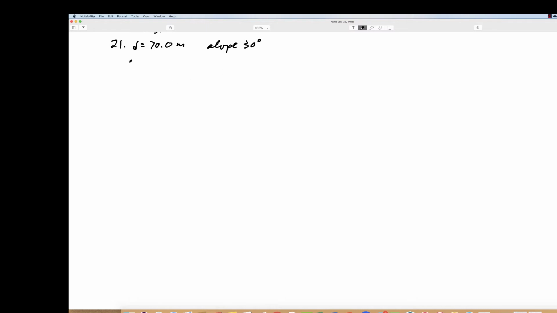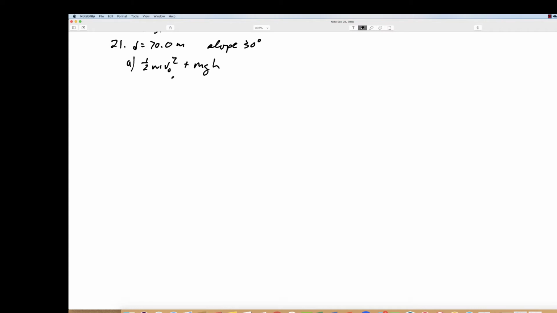So what you have here is 1/2 mv0 squared, the initial kinetic energy that this person has by taking off running. mgh is their potential energy.